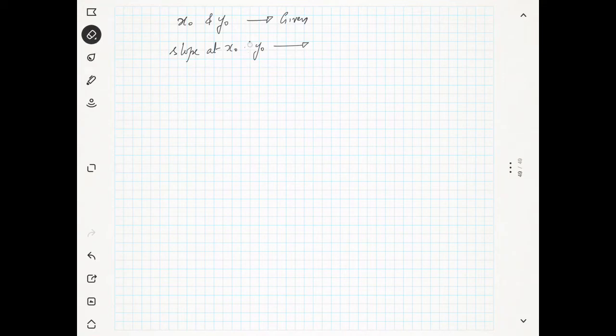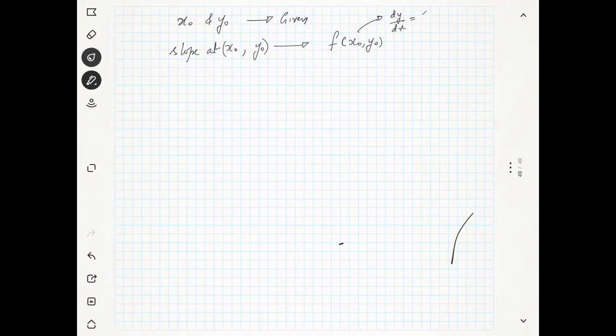We have x naught and y naught, which is given, and you know the slope at x naught and y naught, which is nothing but f of x naught y naught, because this is nothing but dy by dx. Dy by dx is nothing but the slope of the curve.